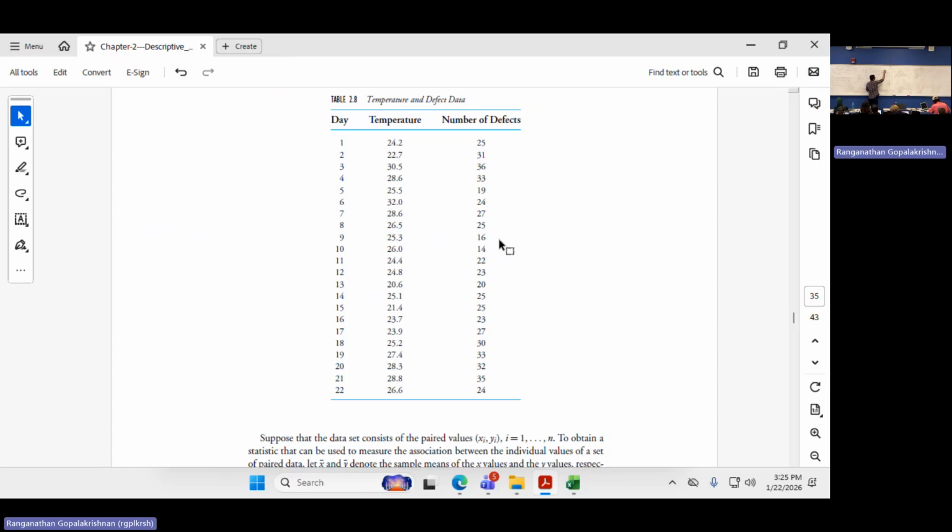Exactly. How do you ascertain correlation? Okay. What was your answer? That's it. So line of best fit works when your data is not very noisy.